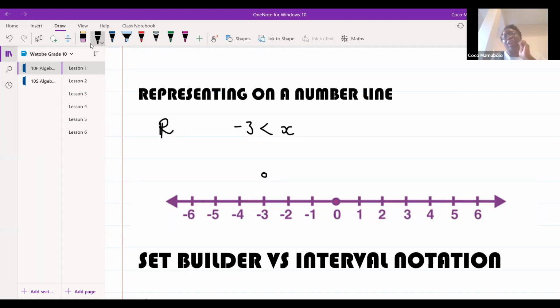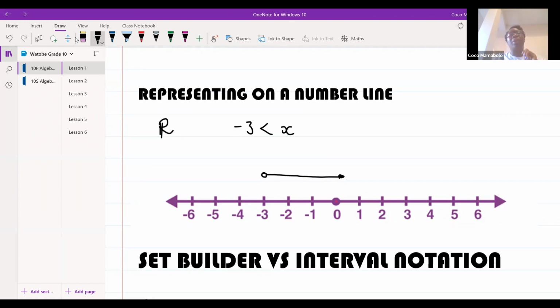But because it's not an integer, it's a real number, it's going to include everything in between. So I can draw one straight line that includes everything. That's everything that's greater than -3.